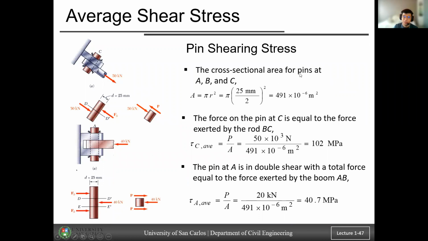Again, if you're not comfortable with using diameter for the formula of the area, you may use the standard formula, the high school formula, which is pi r squared. In my experience, in design books such as reinforced concrete and reinforced steel, solving the area uses pi d squared over 4. So that's retained in my mind, and I use pi d squared over 4.